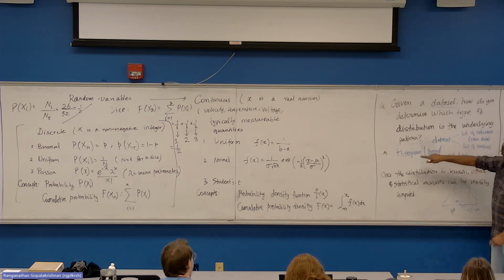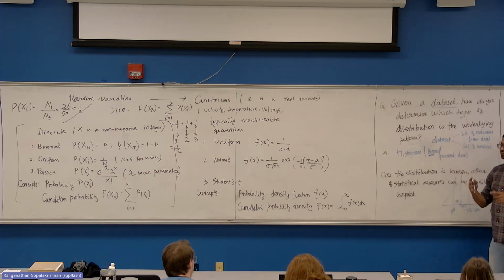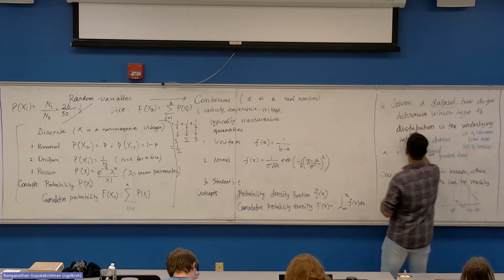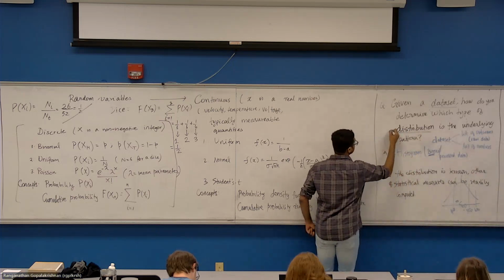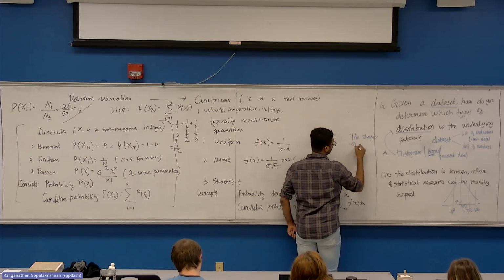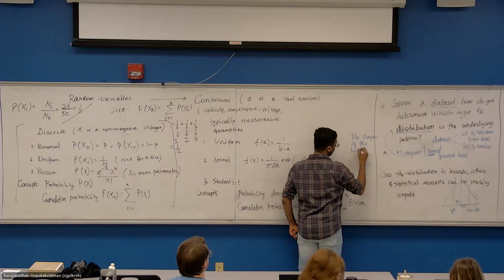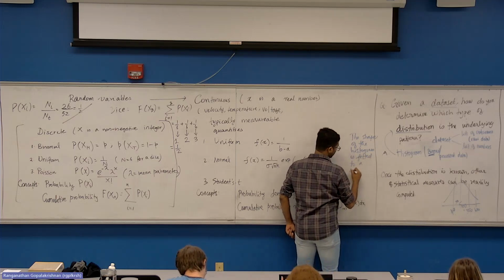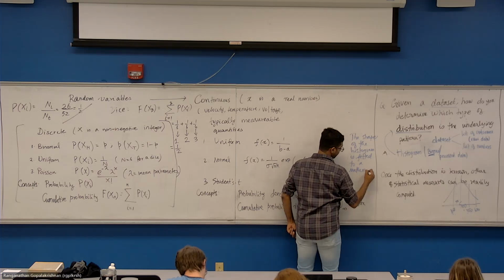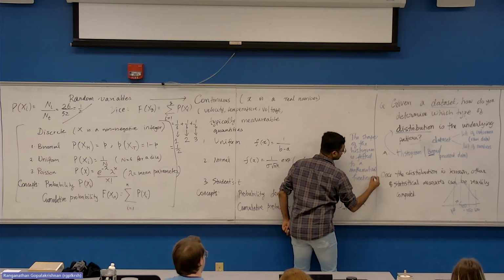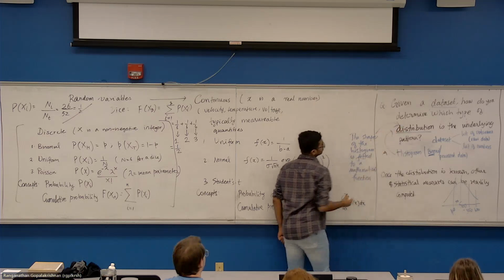Okay. So you look at the histogram. And the mathematical name for the shape of the histogram is distribution. The shape of the histogram is fitted to a mathematical function which we call distribution.